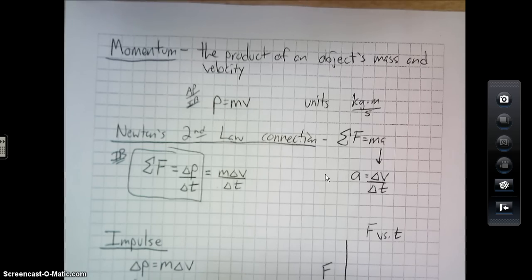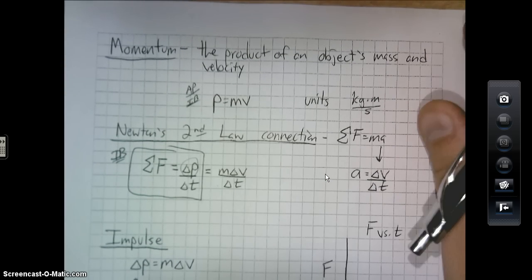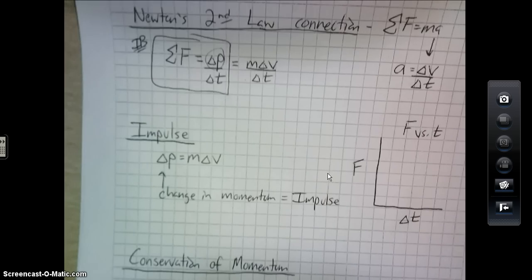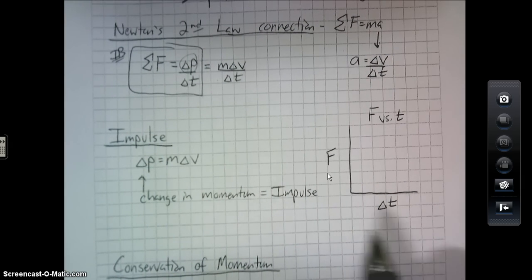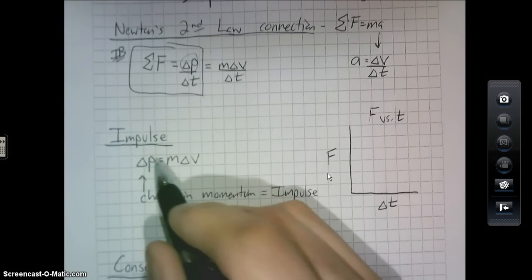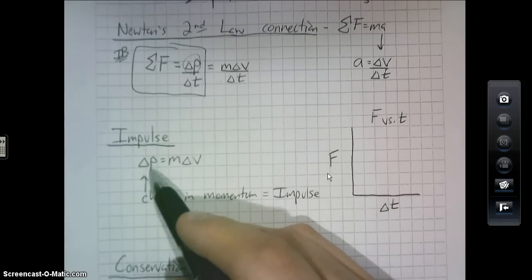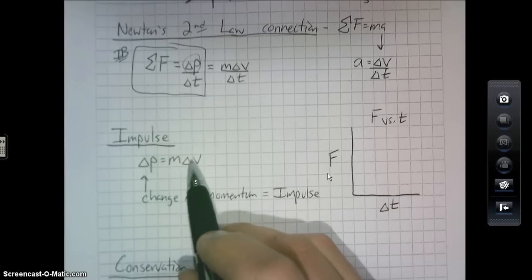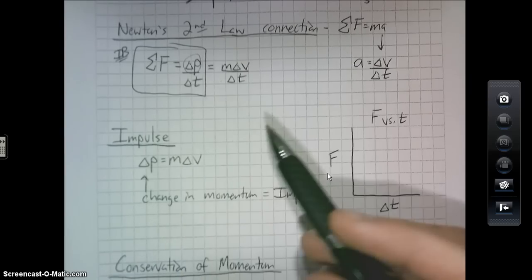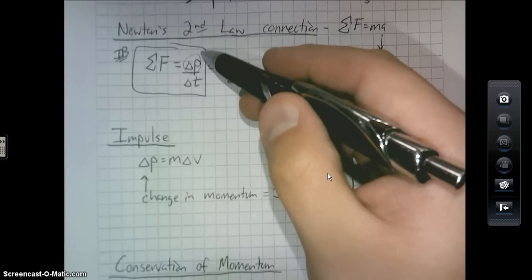All right, now this term right here, this delta P, has another specific name, and it's referred to as impulse. A change in momentum is referred to as impulse. So this delta P, which is oftentimes written as m delta v, well, if I go back up and look at this, could I rearrange this so that delta P equals something else?